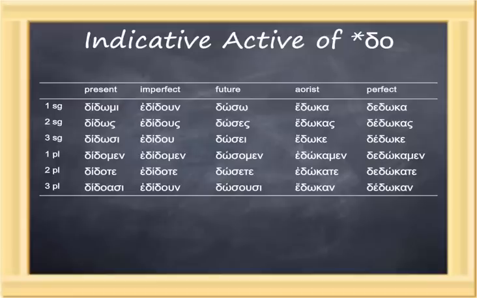Probably the hardest forms to recognize at first are the imperfects, because in the imperfect, the thematic vowel, that connecting vowel, returns and causes contraction with the stem vowel omicron. But not always. Look at didomen. There, the stem vowel disappeared. If it were still there, we'd have omicron plus omicron, giving us omicron upsilon.